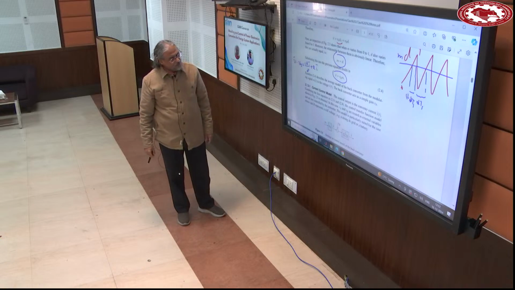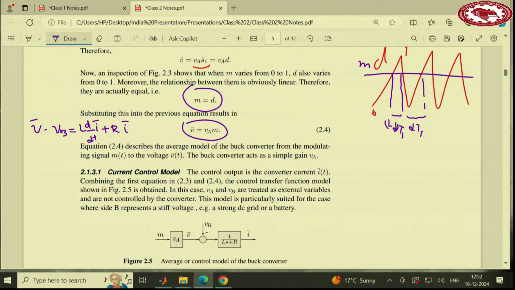And if you take the Laplace transform of both sides of this equation, this becomes V bar minus VB, now in Laplace domain, equals Ls plus R into I bar in Laplace domain. So M into VA gives you V bar, minus VB, divided by Ls plus R, that gives you I.